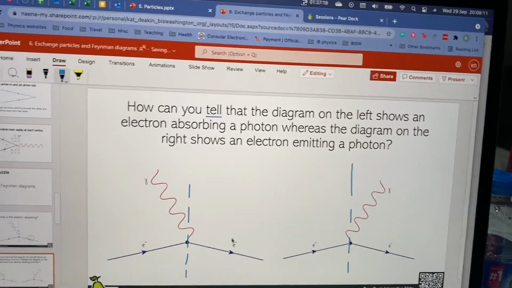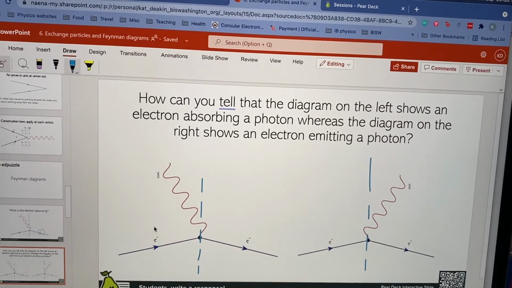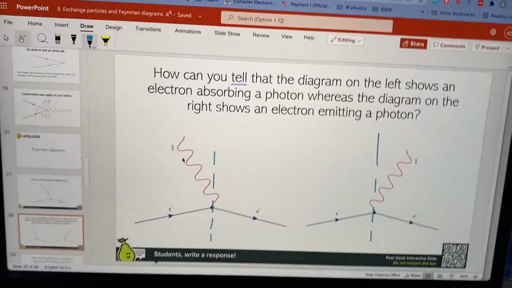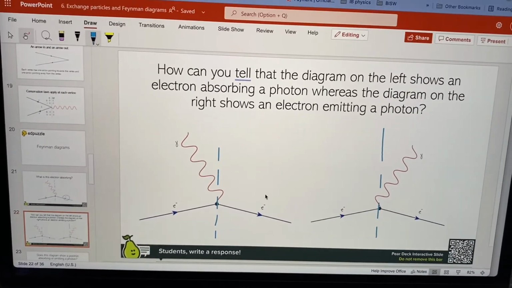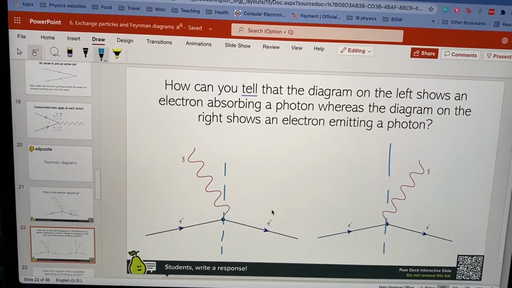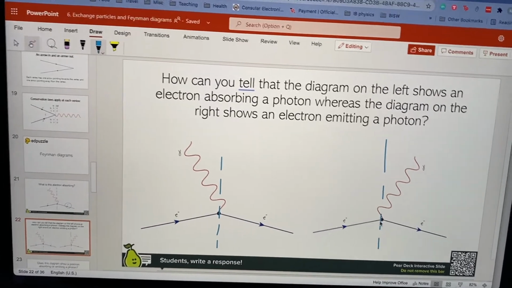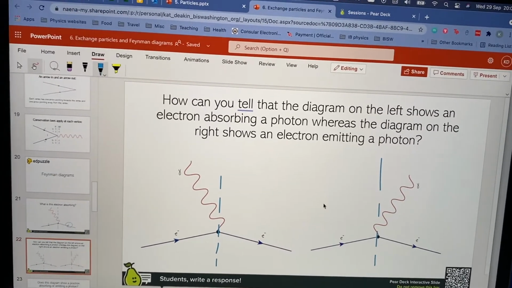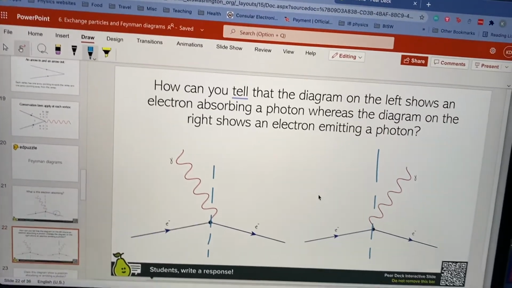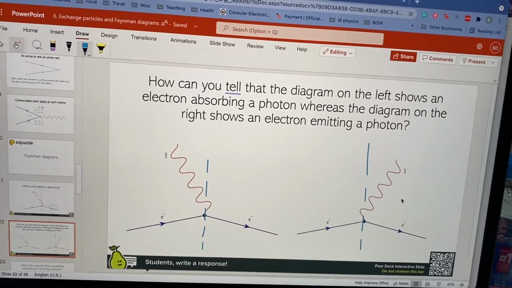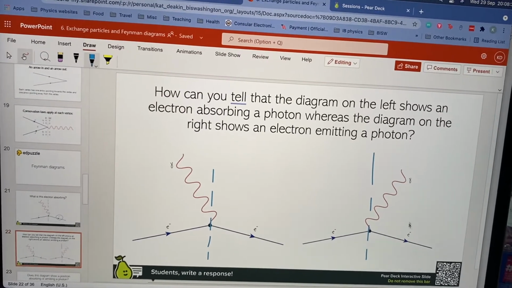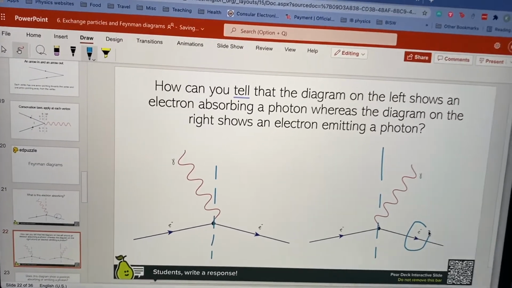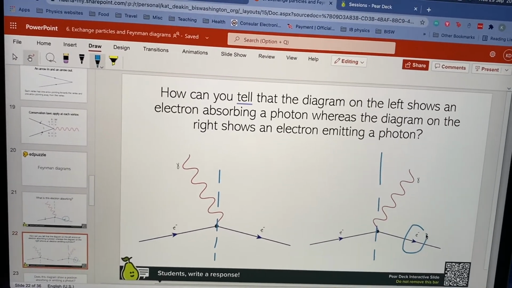On the left, we have the photon before the interaction point and not after, so it disappears, so it has to be absorbed. Whereas before the interaction point, on my vertex, I just have an electron, whereas afterwards I have an electron and a photon. So this electron here is in a lower energy state.